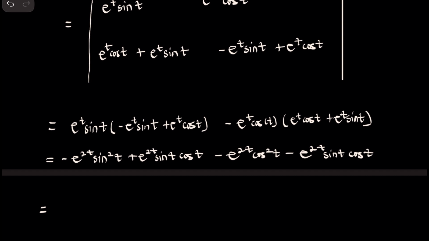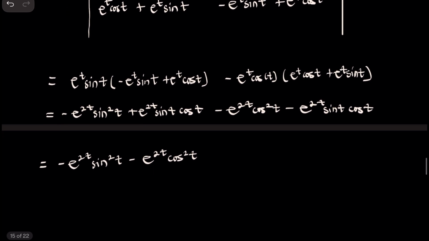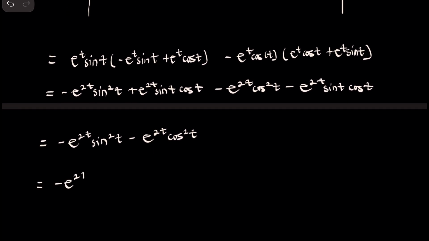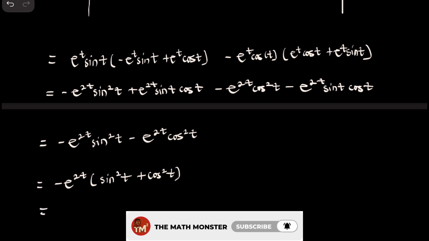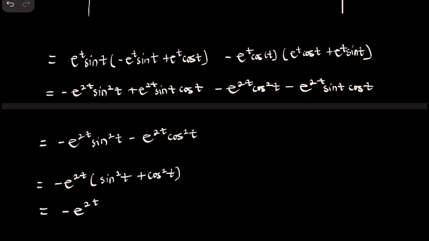Here this term is plus and this is minus, so they go to 0, and we are left with minus e^t sine squared of t minus e^t cosine squared of t. Factorizing minus e^t, we have sine squared of t plus cosine squared of t. So this gives us minus e^t, and this is not equal to 0.